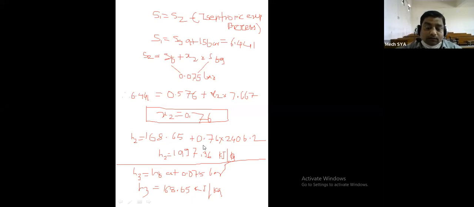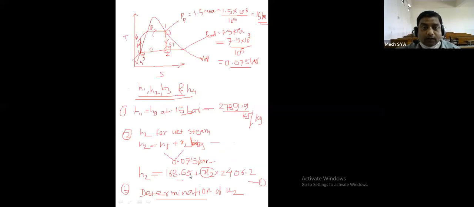Then H2 we got now, because X2 we got. The H2 equation is one equation, and already we know 168.65 plus 0.76 into 2406.2, and H2 is equal to 1997.36. Then next is H3 is equal to HF at 0.075 bar.